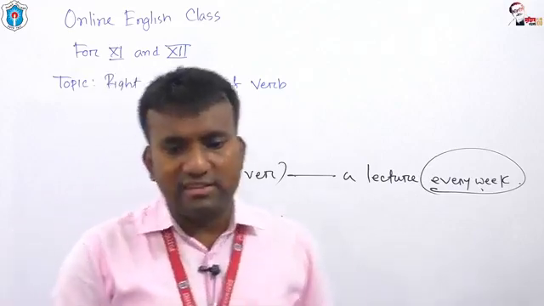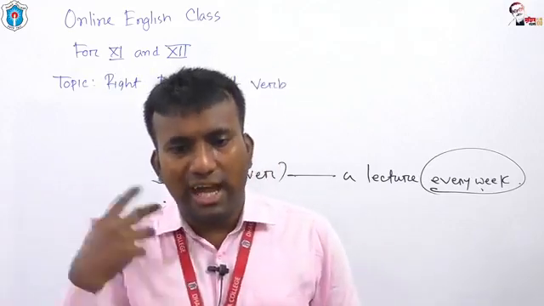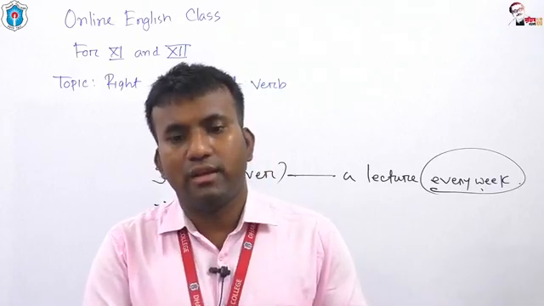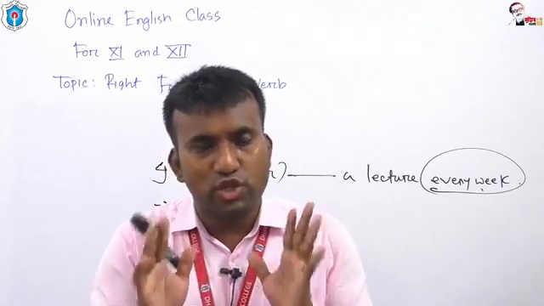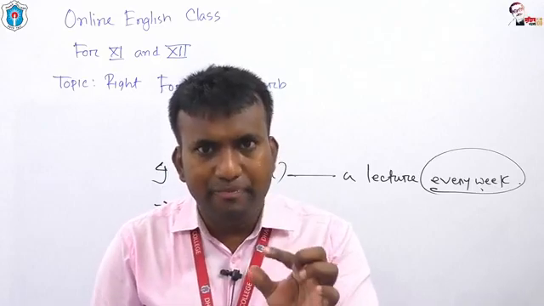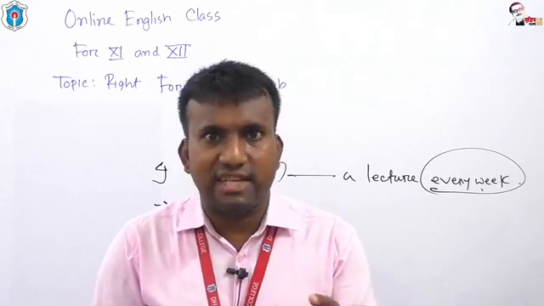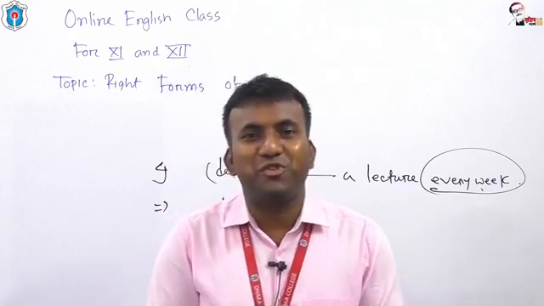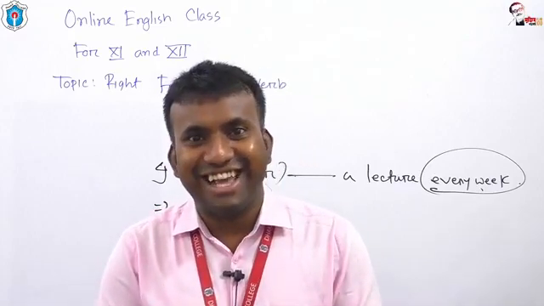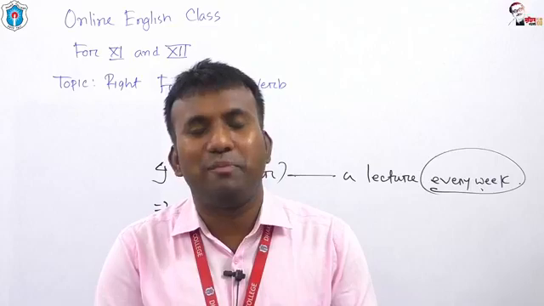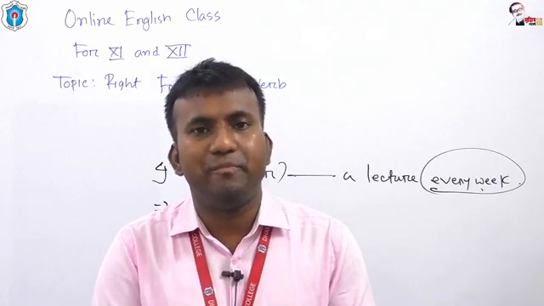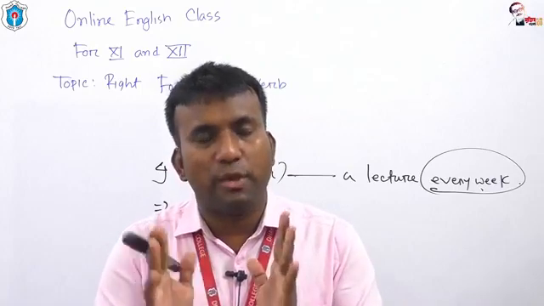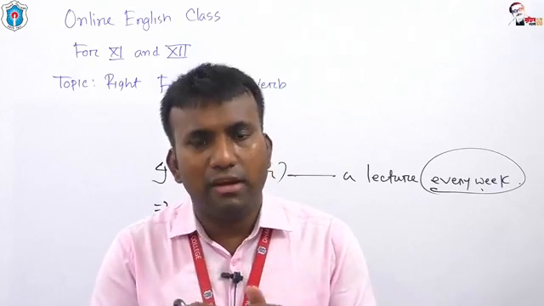So my dear students, what I want to discuss, I think is clear to you. I have wanted to show you that the form of verb changes according to person, number and tense. So according to the need of that sentence, we have to use the appropriate form of verb, and for this we have to consider person, number and tense.